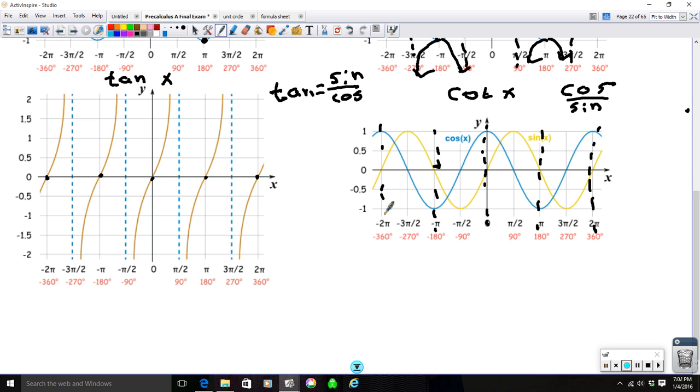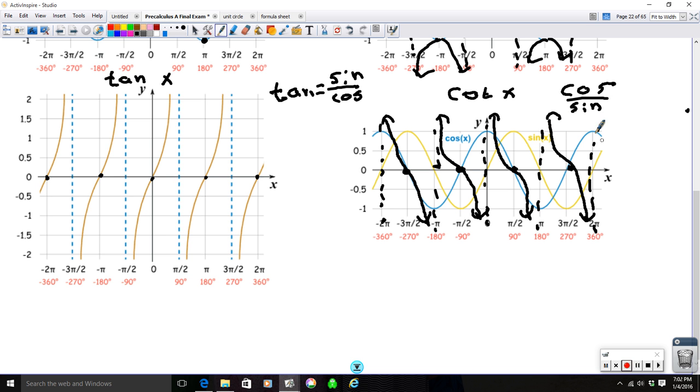And then when our numerator, which is cosine, hits 0, that becomes our x-intercept. And then we are drawing a decreasing function for cotangent, and that approaches the asymptotes. So again, this is what cotangent looks like. It follows that same process as tangent, where you use the sine and cosine functions to determine what those values are.